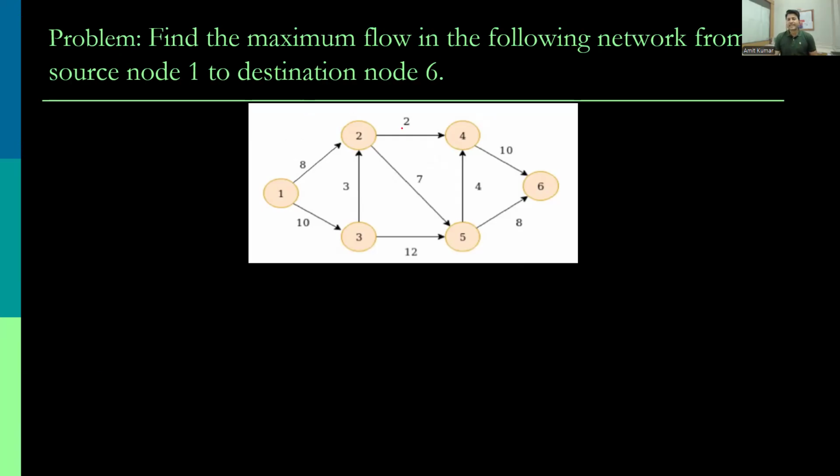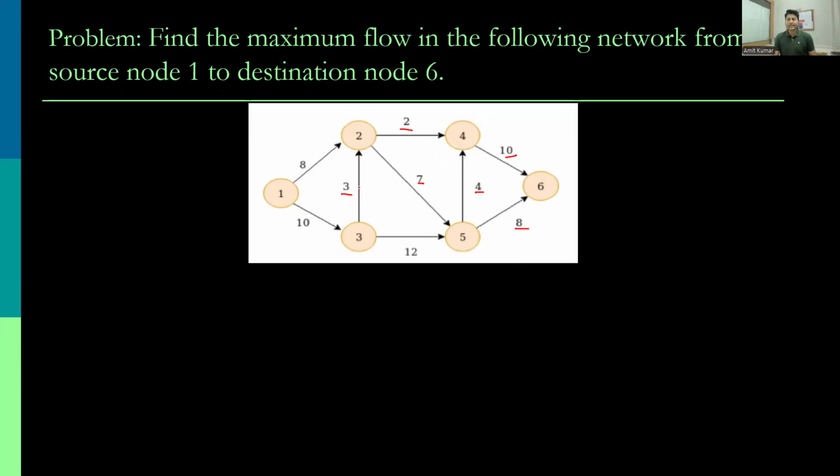Now, this is weight 2. So the carrying capacity of the edge from 2 to 4 is 2. So it can't carry more than 2. The carrying capacity for this is 3, for this is 7, 4, 10, 8, and in the same manner the other ones. Since the graph is a directed graph, we are supposed to follow the directions also.